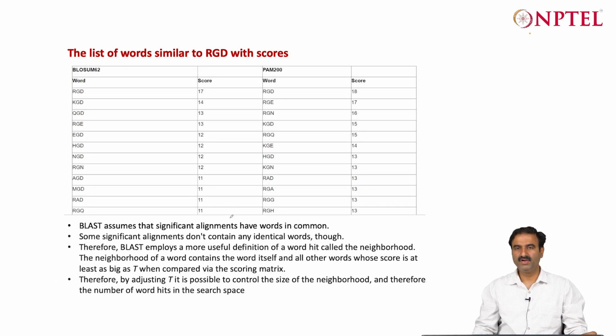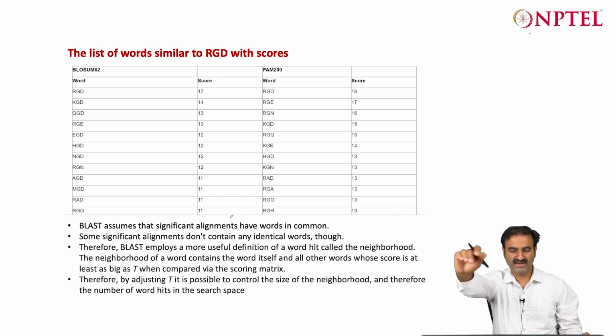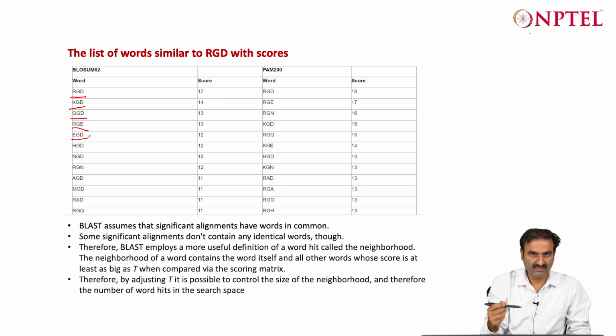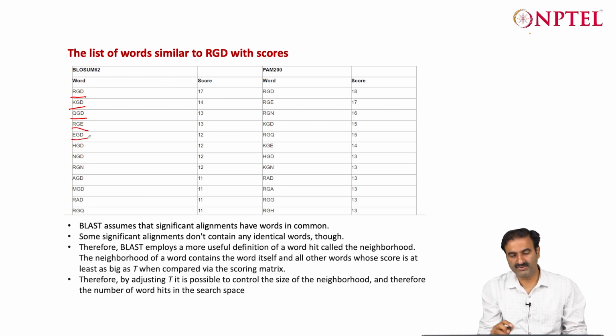Now for the list of words that I have created, for example, RGD can be KGD, QGD, RGE, by changing one amino acid at each position from all the 20.